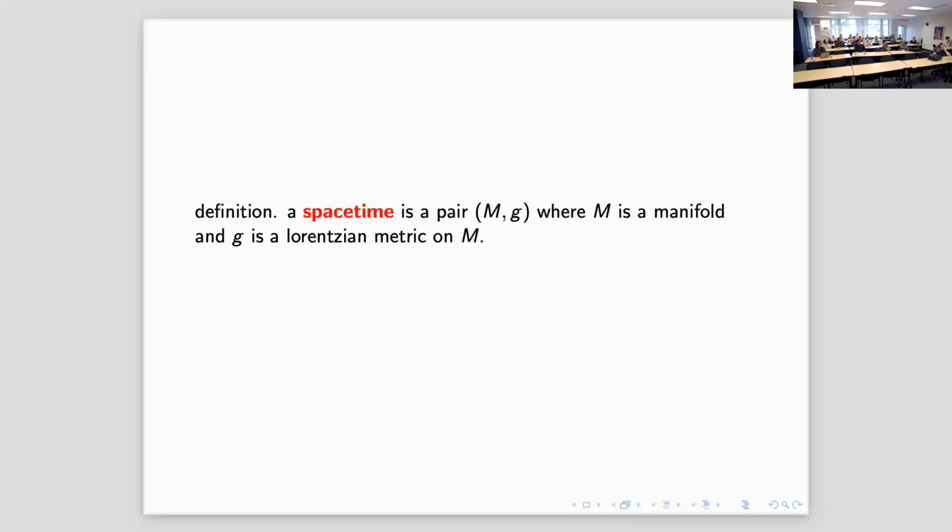So we start with just a definition of a spacetime. This is pretty standard: a pair (M, g), where M is a manifold and g is a Lorentzian metric on M. I'm requiring all the usual stuff, so the manifold M has to be Hausdorff, it's connected, and so on.